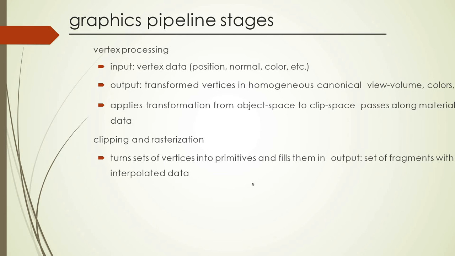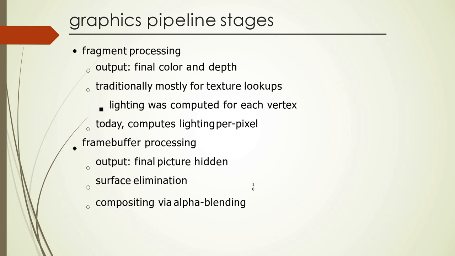The output is the set of fragments with the interpolated data. In fragment processing, the output is the final color and depth. It is traditionally used mostly for texture lookups. The lighting was computed for every vertex; today it computes the lighting per pixel. In frame buffer processing, the output is the final picture: hidden surface elimination and the composition via alpha blending.